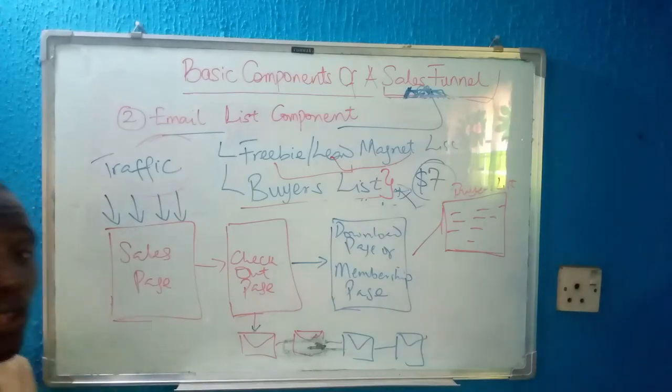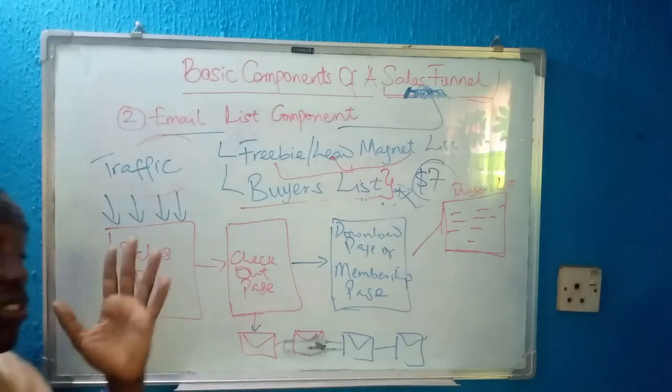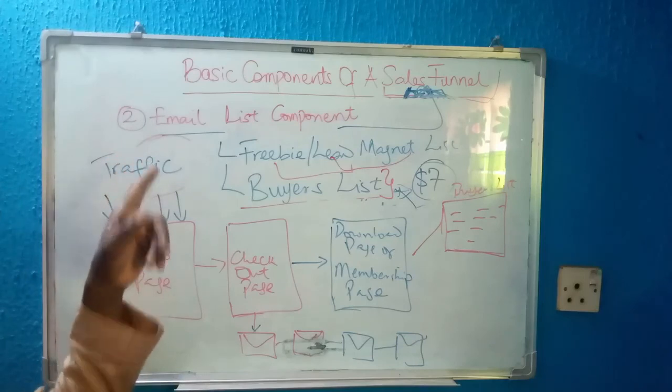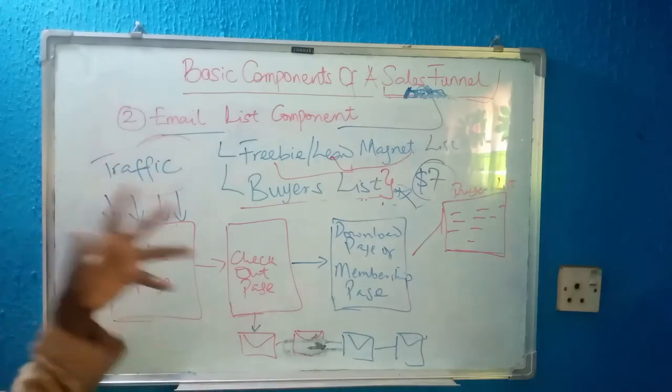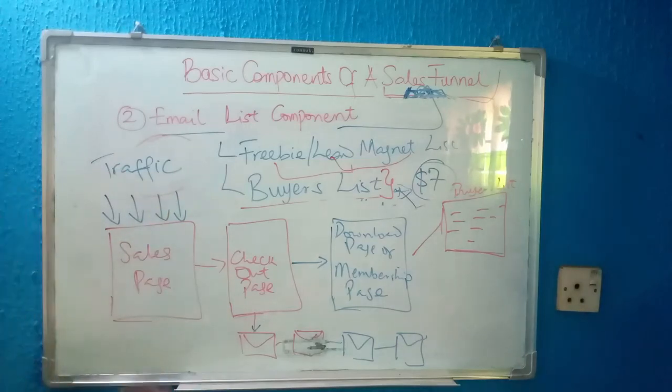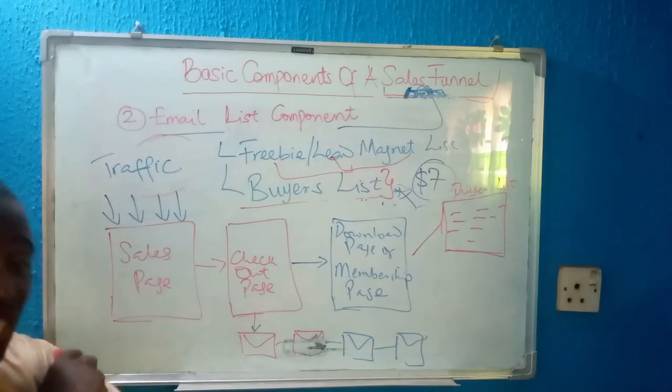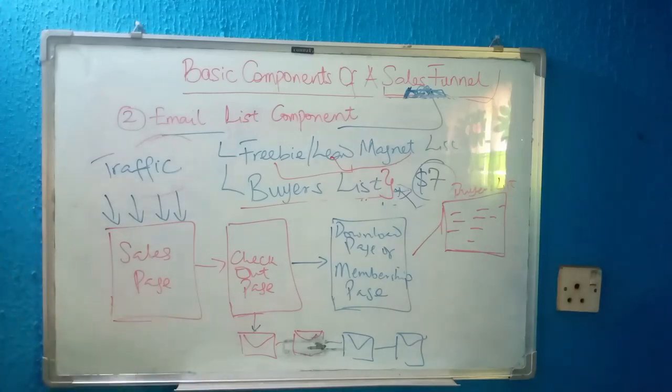So the bottom line of all I've shared with you is just to tell you about the basic components of a sales funnel. I've talked about the traffic component. I have talked about the email list component. It's much deeper than this, but I don't want to go into technical or complicated things.